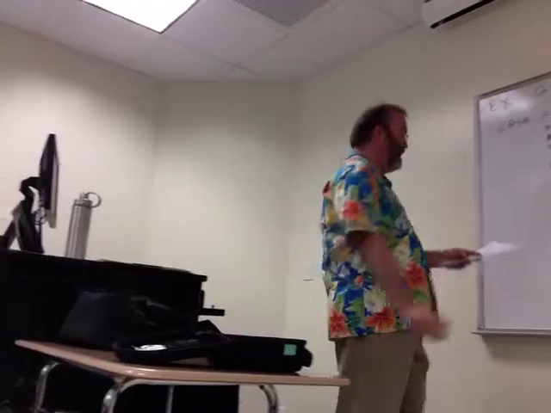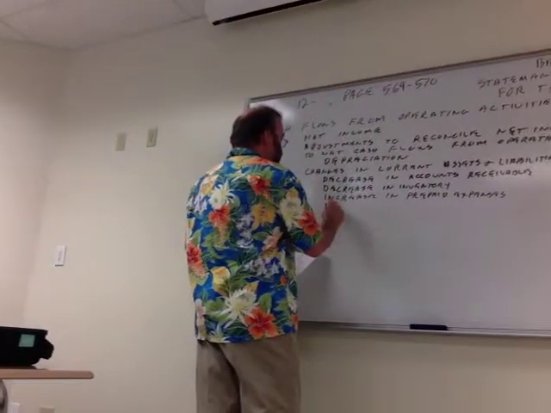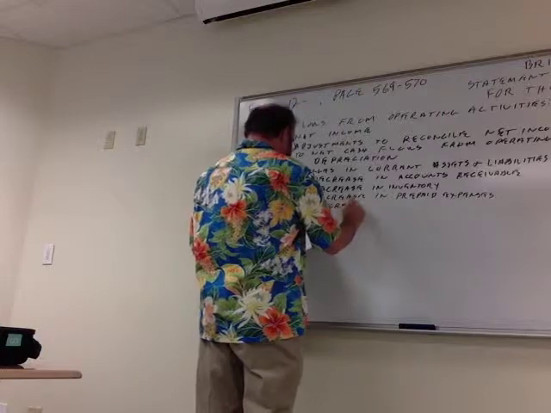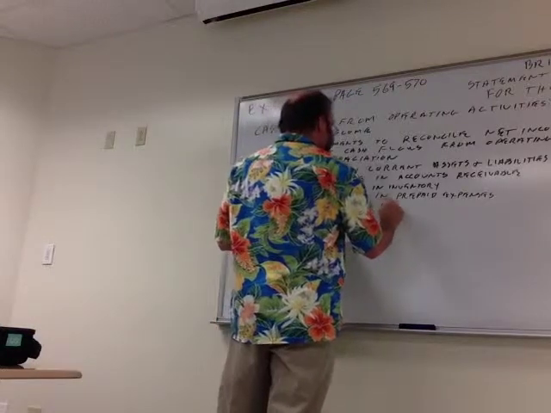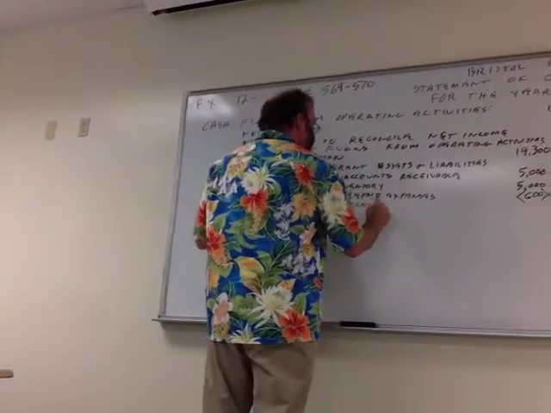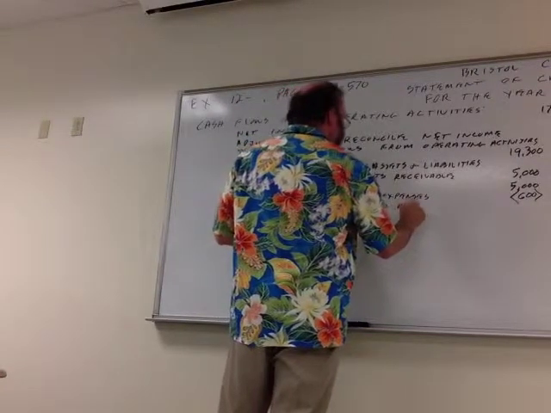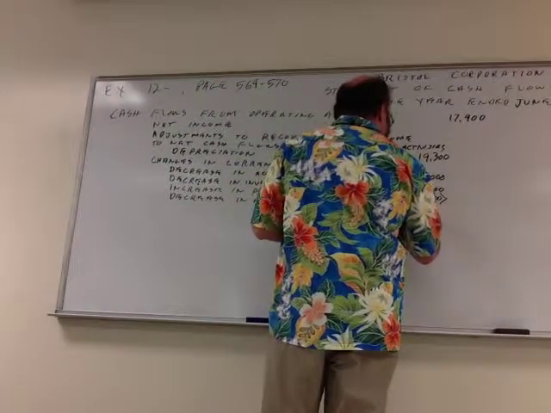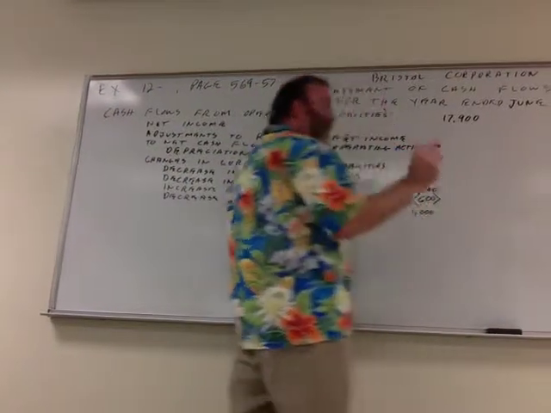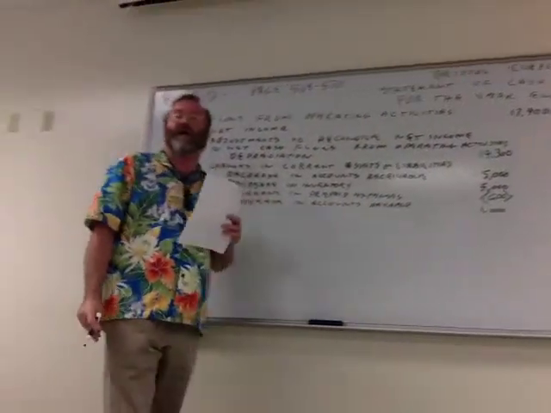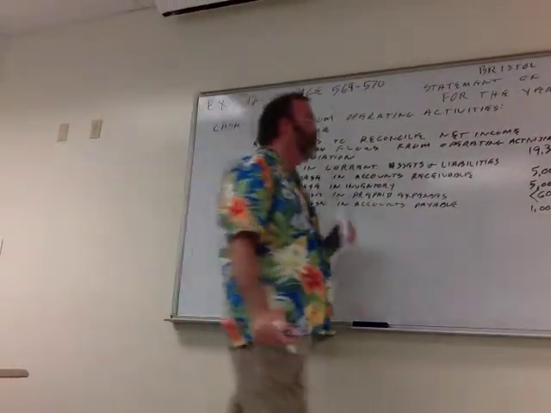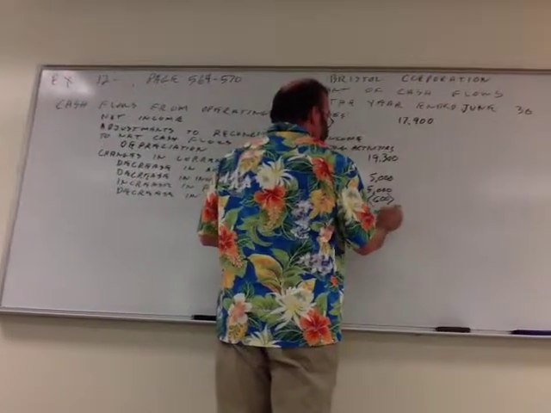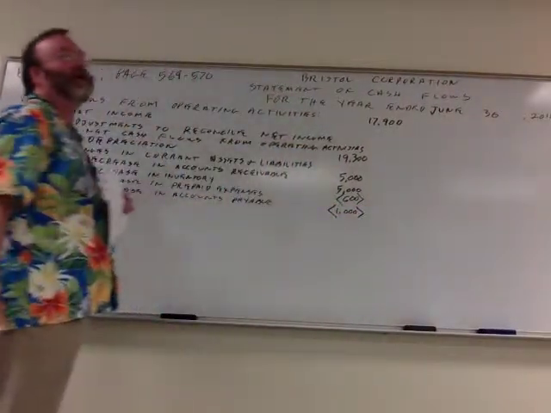Current liabilities, there's only two of them. There's accounts payable, which went from 14 down to 13. We had a decrease of $1,000. So if accounts payable went down, how does that affect cash? Goes down also. There's a direct relationship between current liabilities and cash.